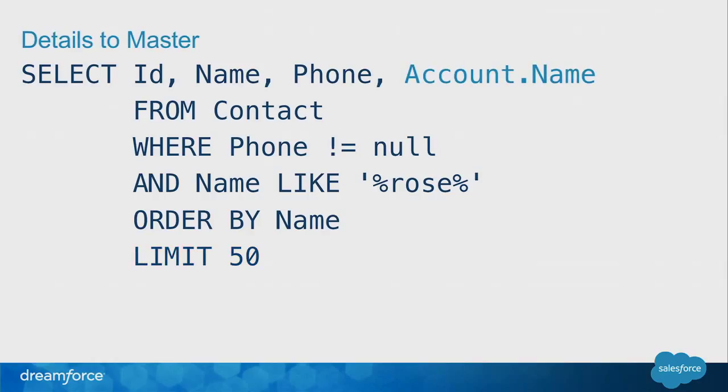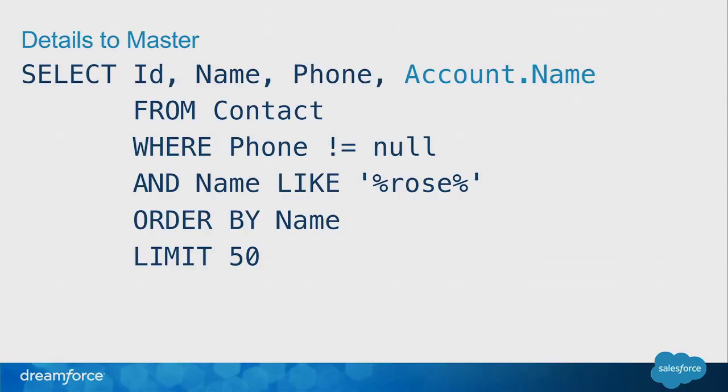Now we throw a monkey wrench in. Up until that point, it all looked like SQL and I was fine and dandy. Now I have this thing called Account.Name. I have a dot modifier in my field. What is this doing? This is what's called a parent query, or details to master. How many of you are familiar with how the Contact and Account objects are related? The way Salesforce relates objects is through what's called lookup fields, and there are two types.